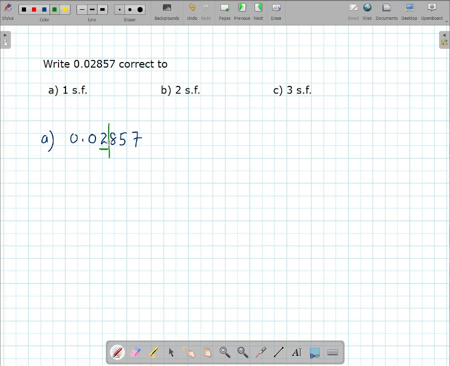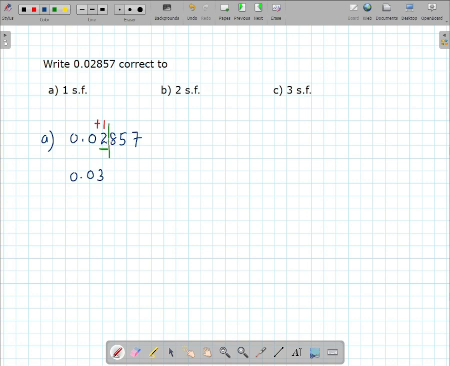Okay, then we check the number right after the separation. It is 8, which is greater than 5. So if it is greater than 5, we have to add 1 to this digit. Then this becomes 0.03.